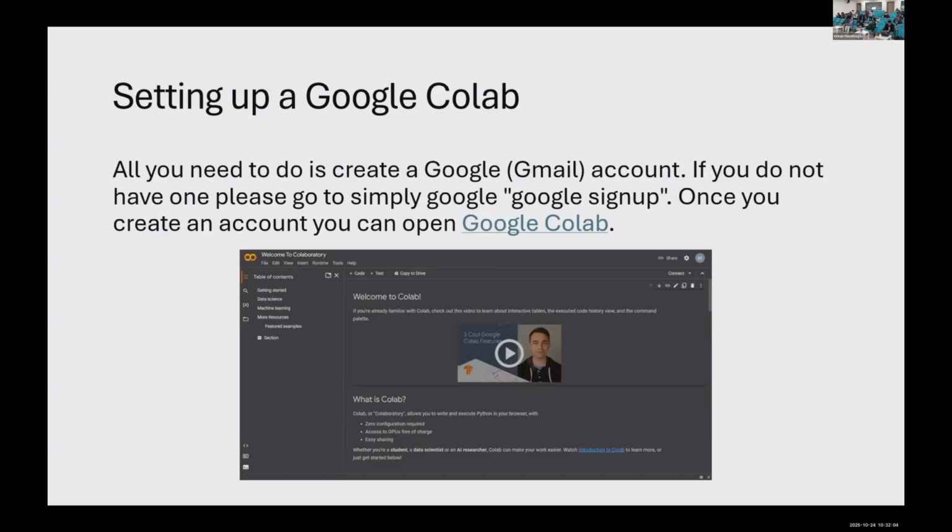The next account, as I said, is Google Colab. All you need is a Gmail account to have a Google Colab. If you do not have one, please simply go to Google and sign up. Once you create an account, you can open Google Colab. It looks like this.